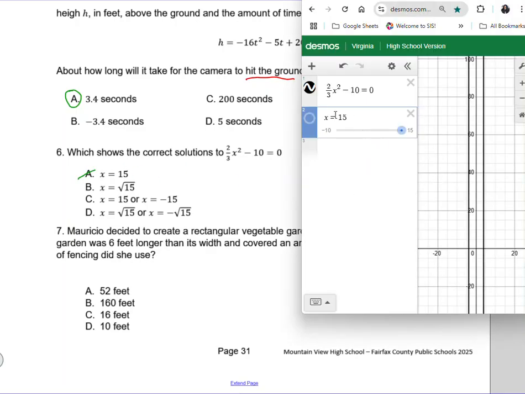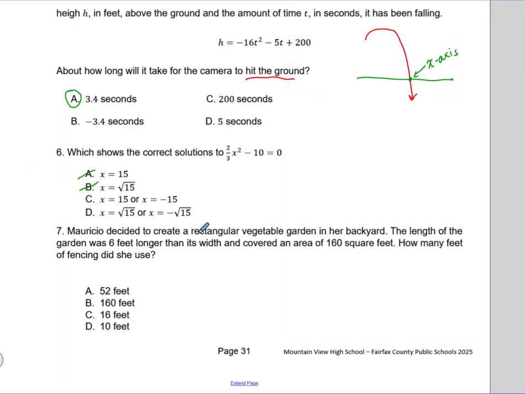Maybe it's x equals square root of 15. Let me check. Square root of 15. Yeah, that's one of my answers. But that's not my only answer, right? I have 2 solutions here. So this cannot be it, even though that's one of my answers.